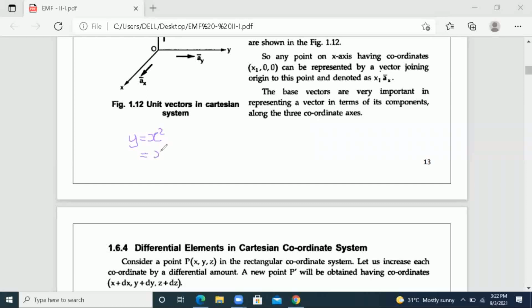The small amount I'm going to call delta x. So y would be x, would become x plus delta x squared.